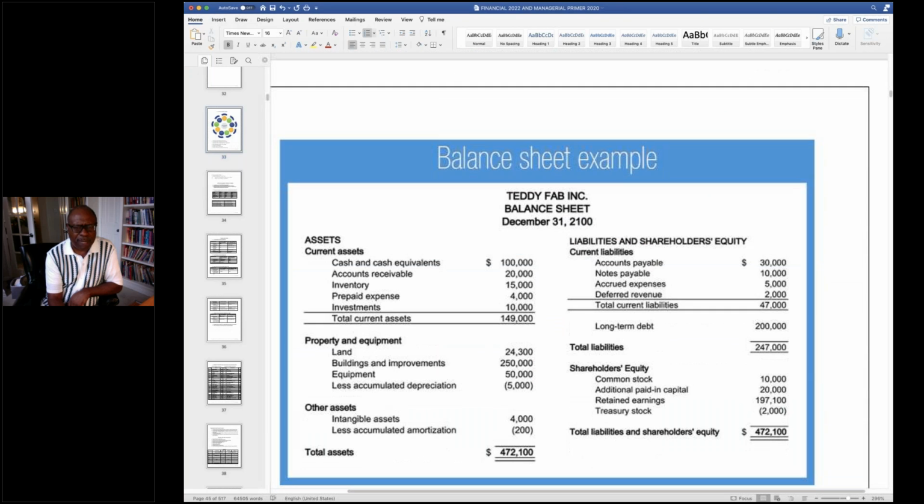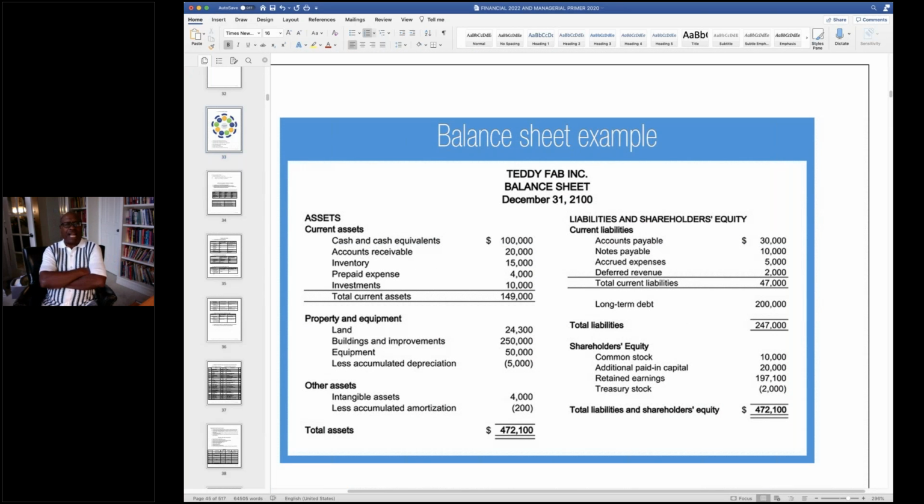Then let's look at the balance sheet in terms of how it is supposed to look. And you'll see that we have the current assets, then we have the long-term assets, total assets. Then we have the current liabilities, the long-term debt, then the equity. And we do this because in looking at a company, these current liabilities are due within a year, so you need enough current assets to pay it off.